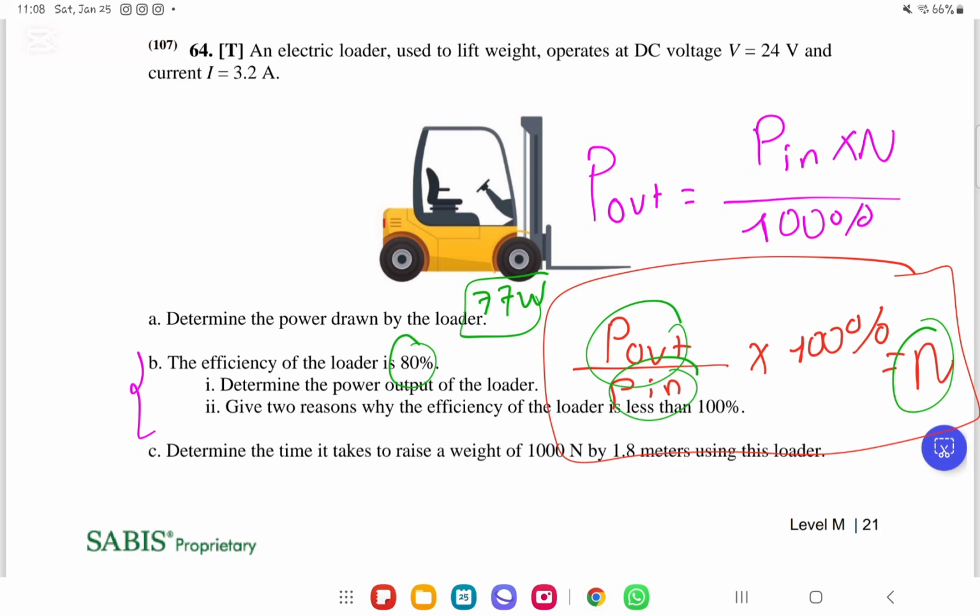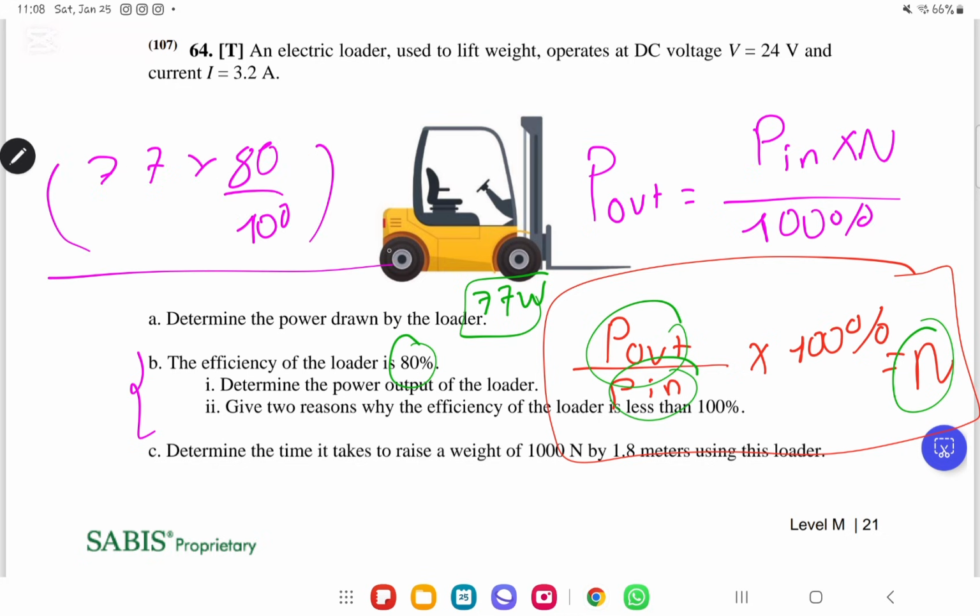If you cannot write the percentage on your calculator, you can write it as 80 over 100. So 77 times 80 over 100, all over 100 over 100. And you are going to get an answer of 61.6 watts. So the power output is 61.6 watts.